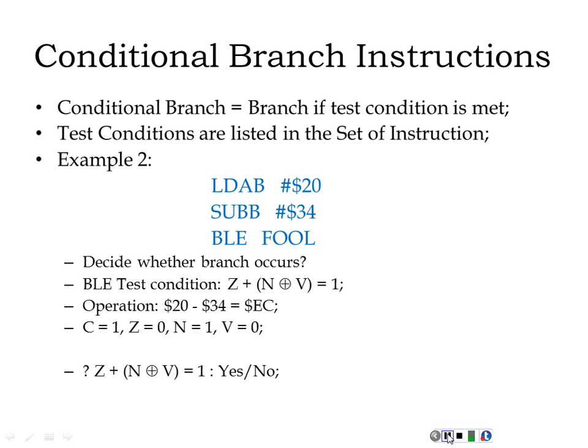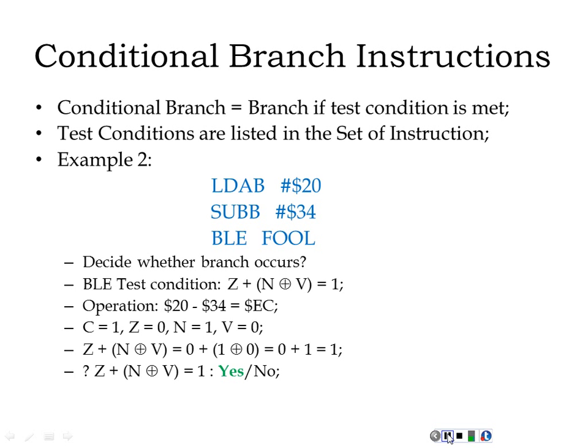So now, how can you decide what happens? Let's do a little math. This is your equation: Z plus N exclusive OR V. You just plug in the values of those flags. So 0 plus, in the bracket, replace N and V. Remember, the exclusive OR gives you high when the inputs are different.